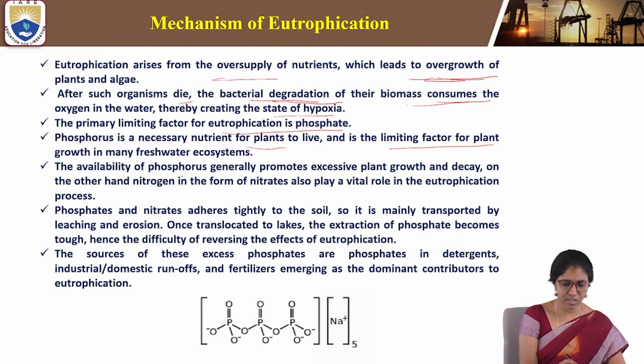The availability of phosphorus generally promotes excessive plant growth and decay. On the other hand, nitrogen in the form of nitrates also plays a vital role in the eutrophication process. So phosphates and nitrates play a crucial role in eutrophication.